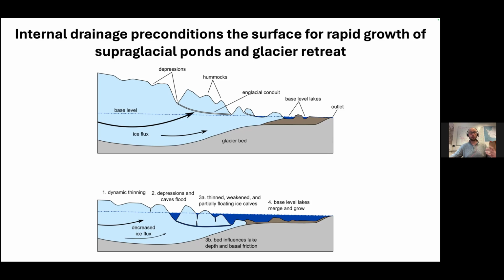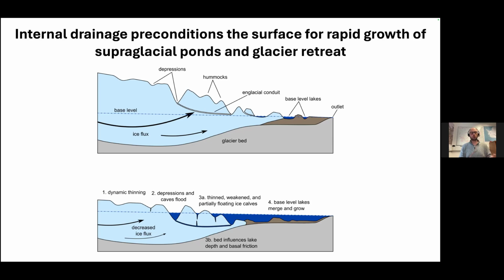If the climate warms or conditions change around that glacier that cause it to undergo thinning, that surface lowers, and as these depression bottoms reach the hydrological base level, which is set by the outlet elevation of the glacier, these depressions can no longer drain internally, so they become filled with ponds, and these ponds can rapidly merge with one another.